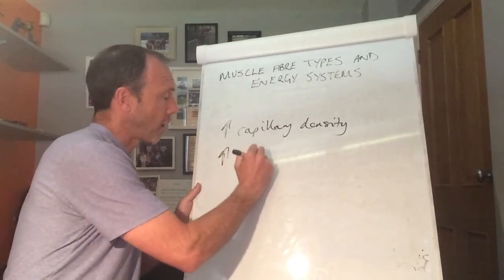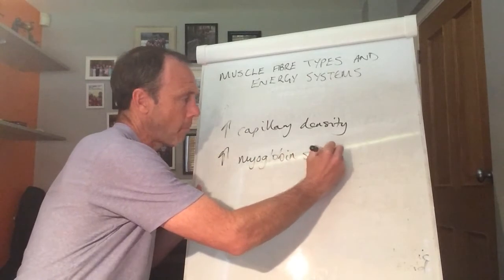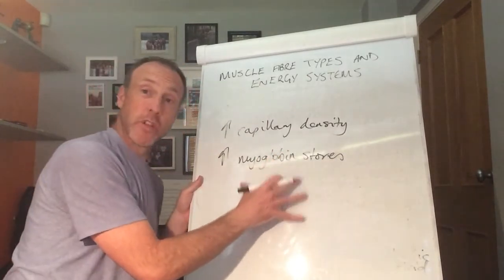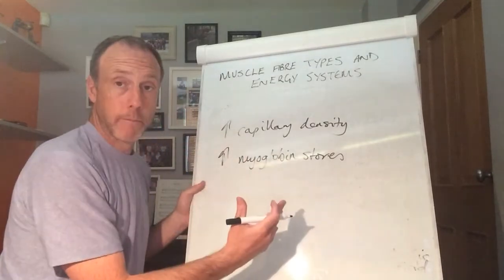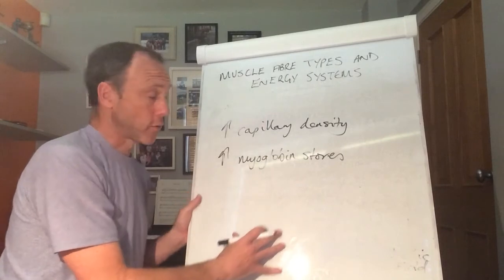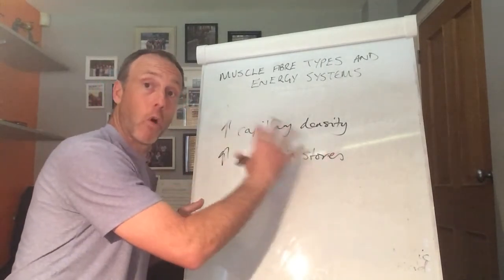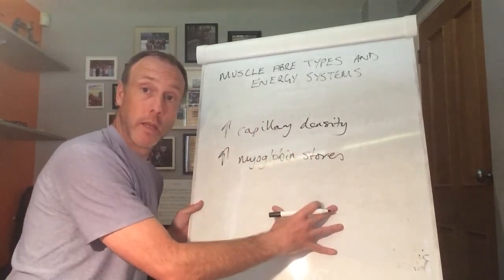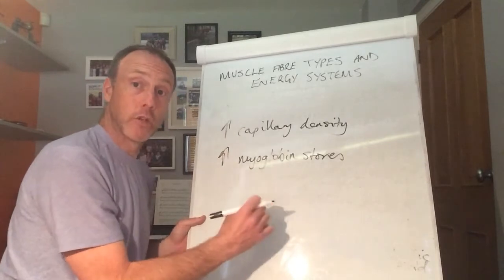Also, we have high levels of myoglobin stores, remembering that myoglobin is that storage and supply of oxygen. So far greater in the type 1 muscle fibre rather than the fast twitch muscle fibre. And these two here then combine to deliver far more oxygen to a type 1 muscle fibre. Therefore, they are more geared towards that endurance base.